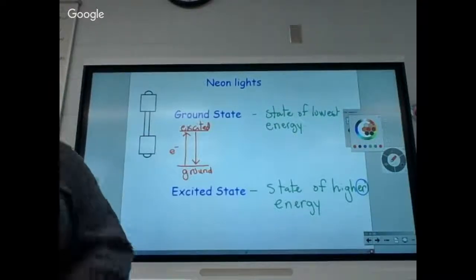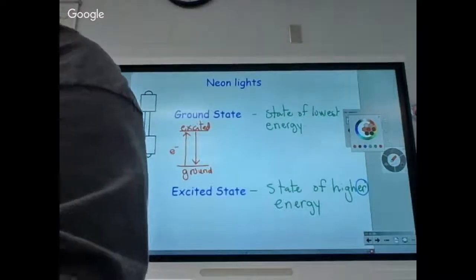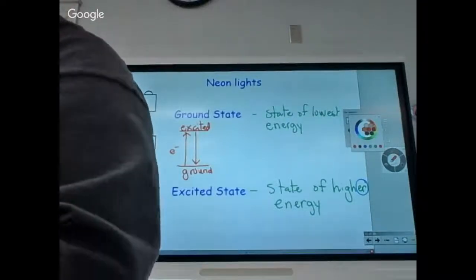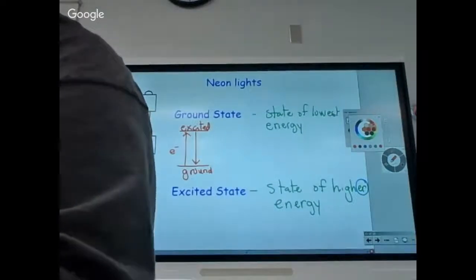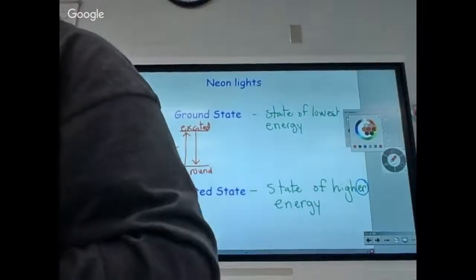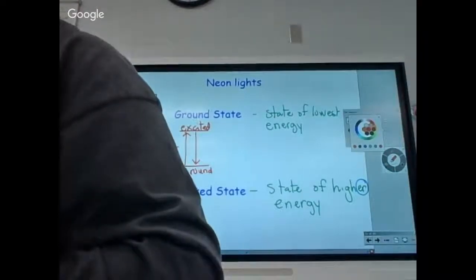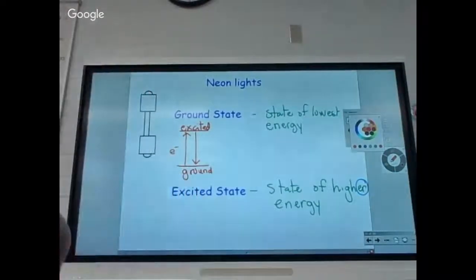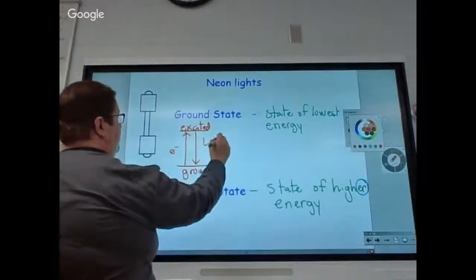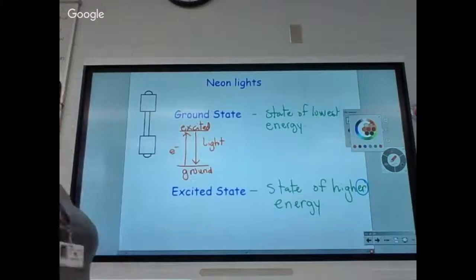Remember, this gas is all contained in the tube, unless I accidentally drop it on the floor or somebody broke it between. What kind of energy? They're going to give off light. Okay? Now, because I'm using a type that you can see, you're going to see visible light.